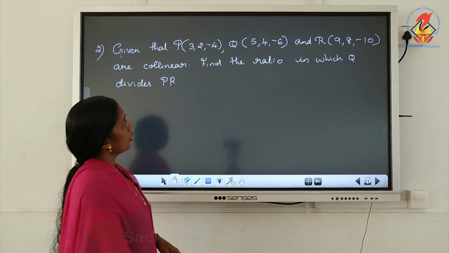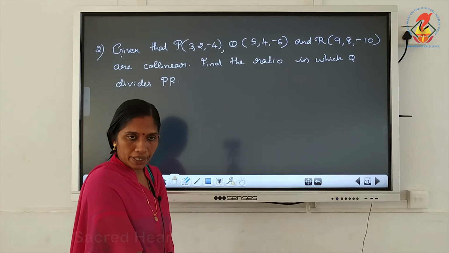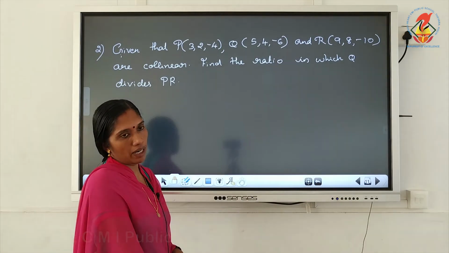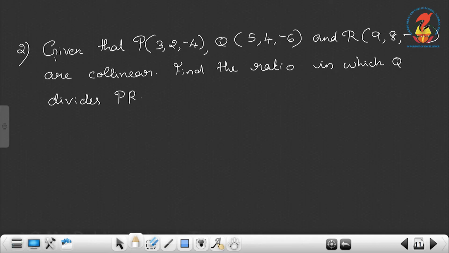Given that P, Q and R are collinear, find the ratio in which Q divides PR. They are collinear means they are on the same line, P, Q and R. Okay.